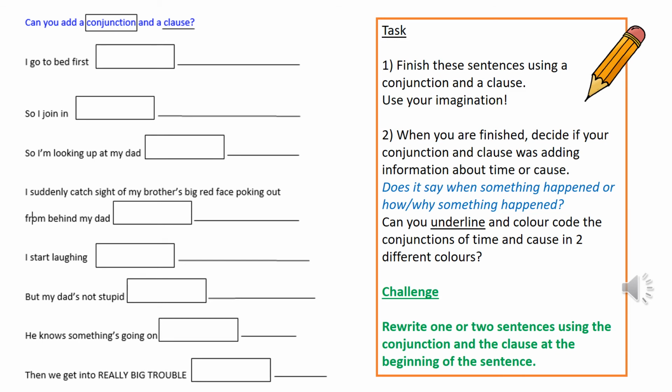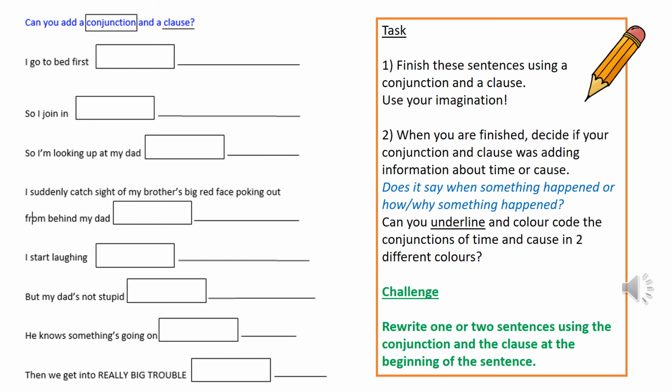So number 2, when you have finished your sentences, decide if your conjunction and clause was adding information about time or cause. So does it say when something happened or how or why something happened? So was it a time conjunction or was it a cause conjunction? Can you underline and colour code the conjunctions of time and cause in 2 different colours?